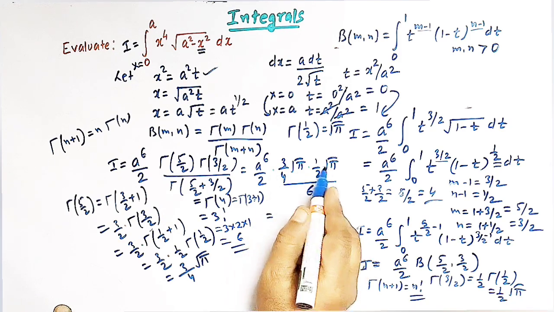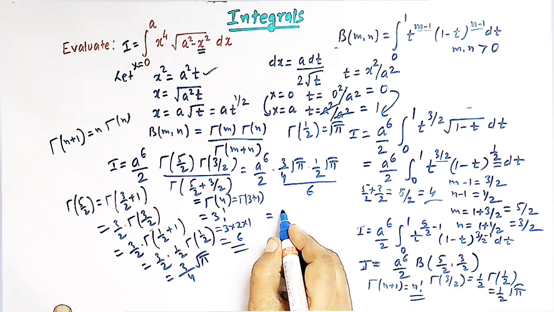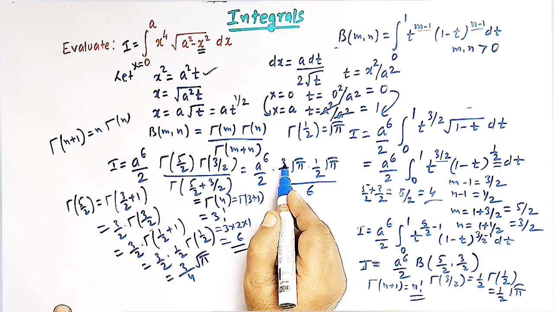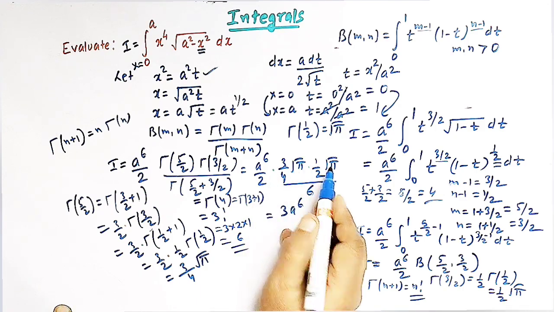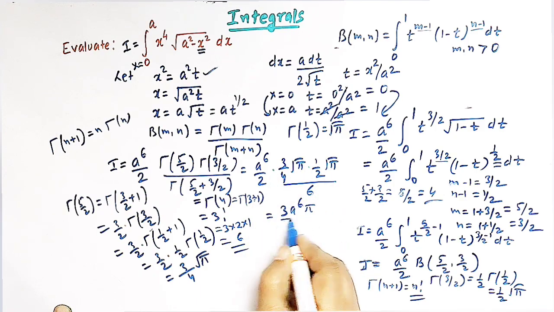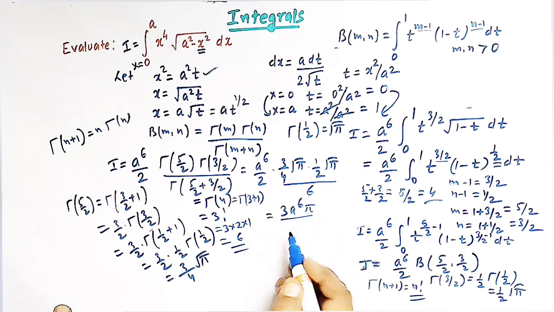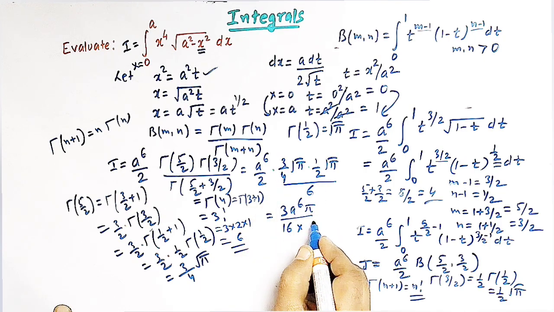Now simplifying this expression, we have 3a raised to 6, and then root pi times root pi is pi, and here we have 2 times 4 is 8, 8 times 2 is 16, times 6.